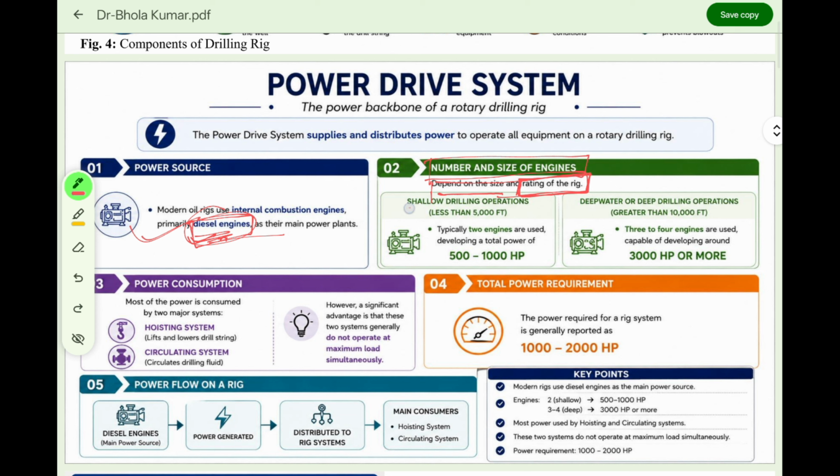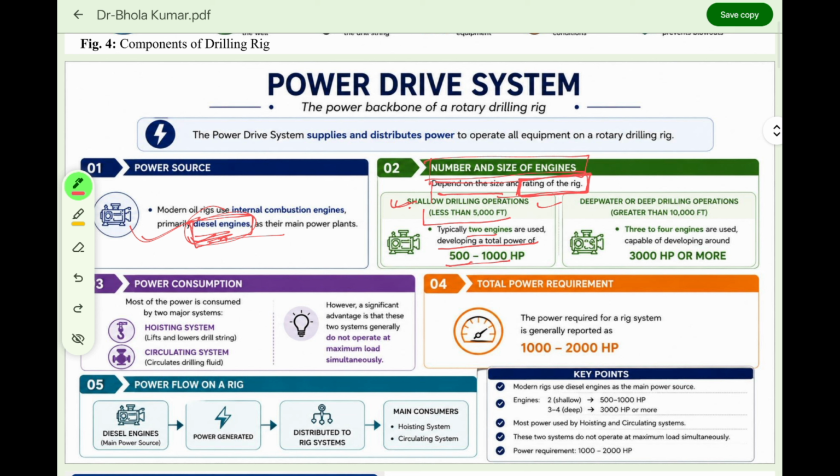If you are doing shallow drilling, where the depth is less than 5,000 feet, typically two engines are used, developing a total power of 500 to 1,005 horsepower. So for a well of less than 5,000 feet, you require two engines to generate that amount of horsepower. The power required is 5,000 to 10,000 horsepower.